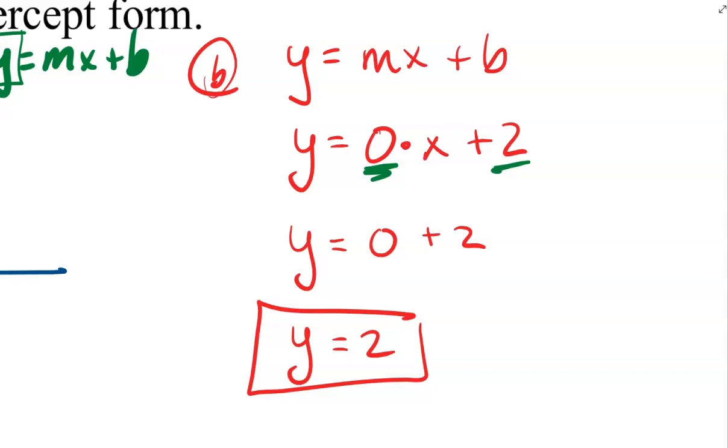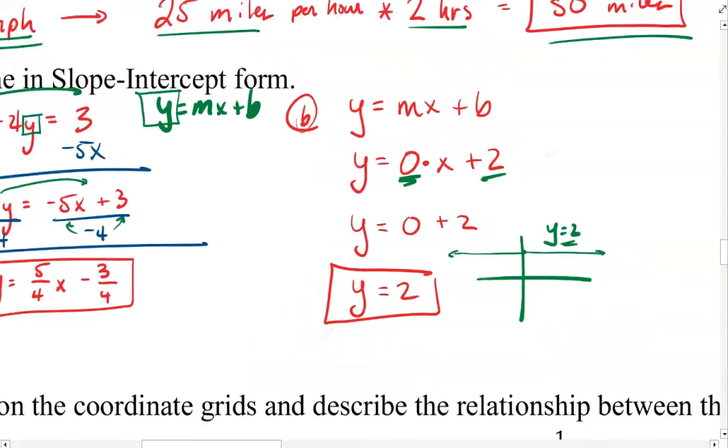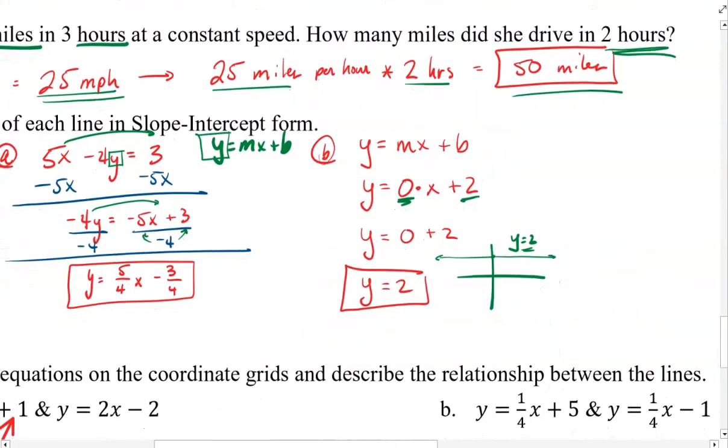So as it turns out, this equation that has a line with a slope of 0 and a y-intercept of 2, that could be reported as just simply y equals 2. And if you think about what that looks like, if we have a y-intercept of 2 but a slope of 0, well, that's just a horizontal line. So if you haven't noticed that pattern already, when we have y equals some number, that's going to produce a perfectly flat and horizontal line.